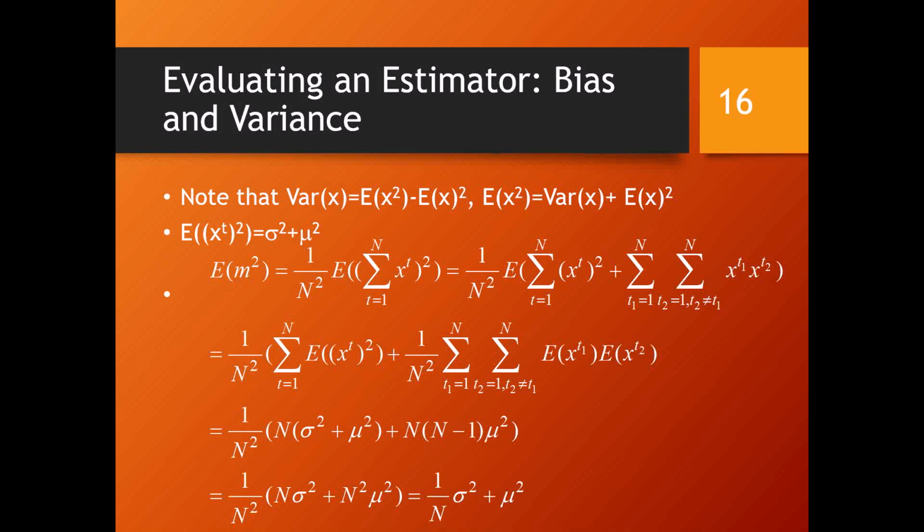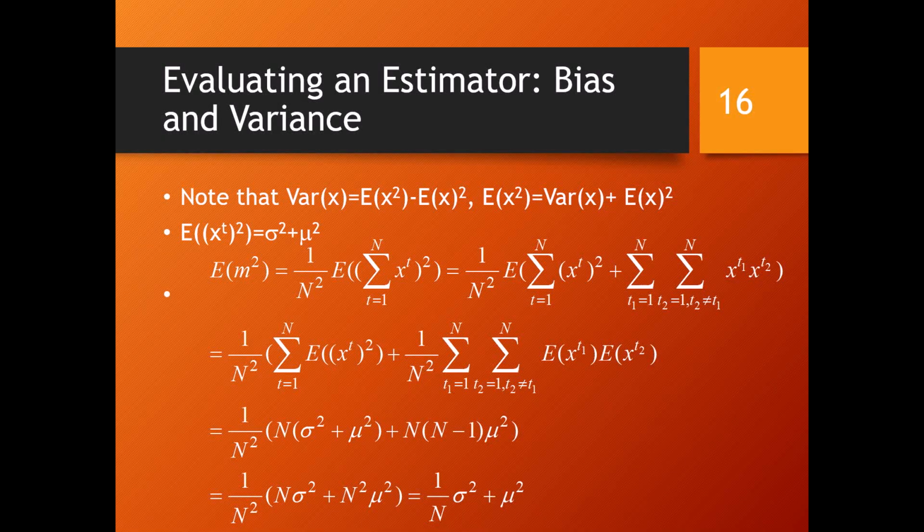If we extend this square term, we have the purely square terms, t equal to 1 to n, plus the cross terms, t1 equal to 1 to n, t2 equal to 1 to n, but t2 not equal to t1.